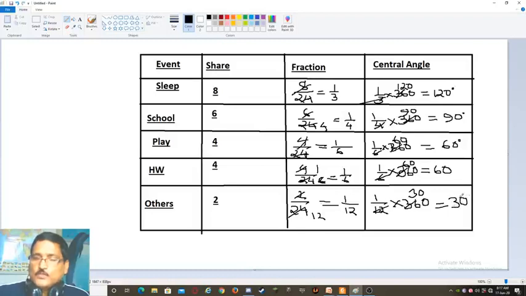Clear? So the information I have converted into degrees. Now with the help of these items and the degrees, you have to draw a pie chart.